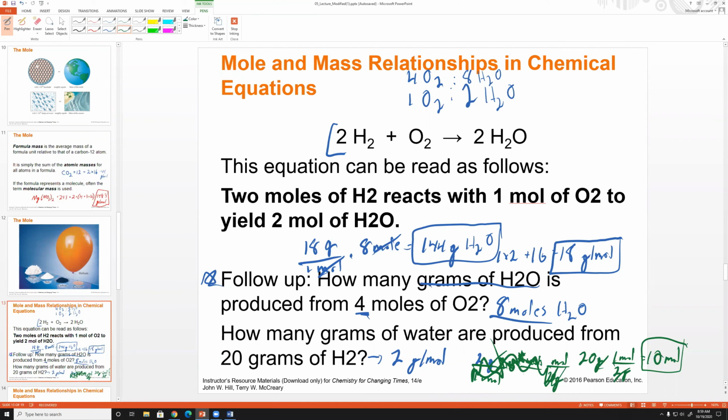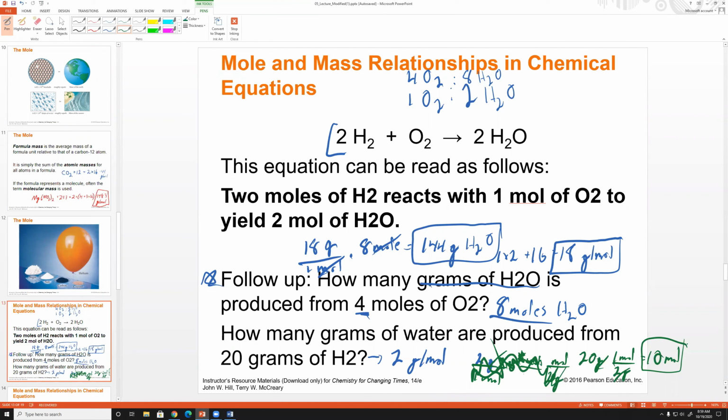So that's a 2 to 2 ratio, basically a 1 to 1 ratio, meaning for every amount of H2, you have the same amount in moles of H2O. So if you have 10 moles of H2, you're going to have 10 moles of H2O.